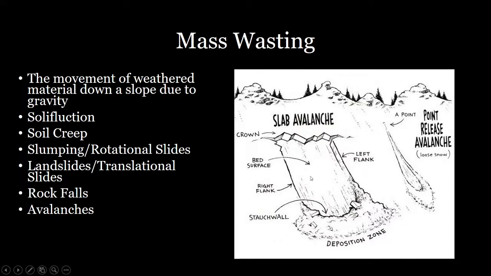There's slab avalanches, in which an entire block of material slides downhill. And there's point avalanches, in which there's a point disturbance, usually in loose snow compared to the more compact snow for slab avalanches. And that point literally snowballs into a larger avalanche and triggers more and more snow to fall down.